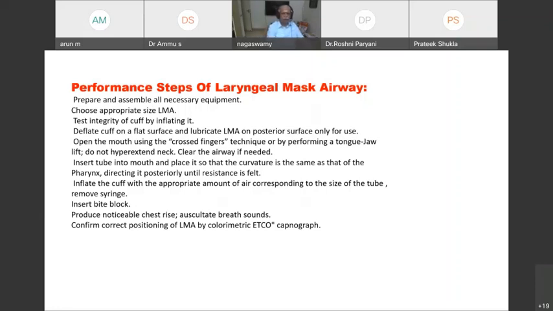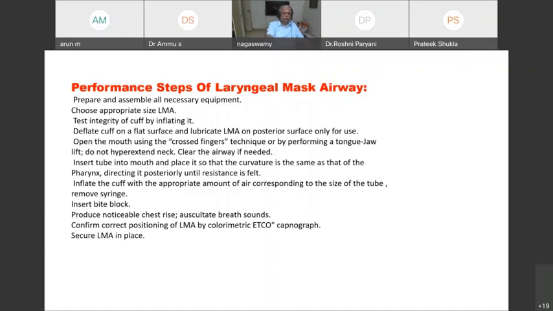What changes color? It's litmus paper. The litmus paper test that you have studied in basic school chemistry. They get converted from acid to alkali and alkali to acid. So that litmus paper has been incorporated in this colorimetric EtCO2 device. The carbon dioxide that comes out in the expired air gets converted to carbonic acid, and that acid will change the color. So there will be a color change. That is how it works.